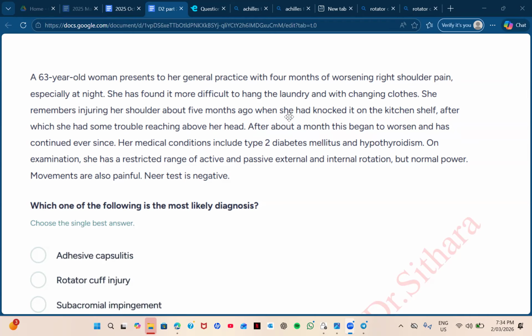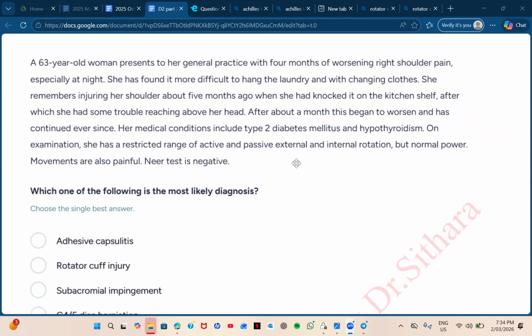She remembers injuring her shoulder about 5 months ago when she knocked it on the kitchen shelf, after which she had some trouble reaching above her head. After about a month, this began to worsen and has continued ever since.